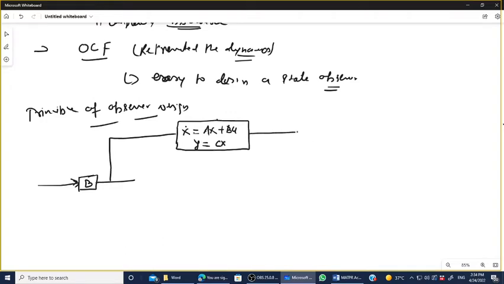This is the plant output. And this is the actual plant by which you are going to estimate the system. That estimator is represented as x estimator. Let's say this is the integrator, and this is the A matrix. You know how it is represented, right?